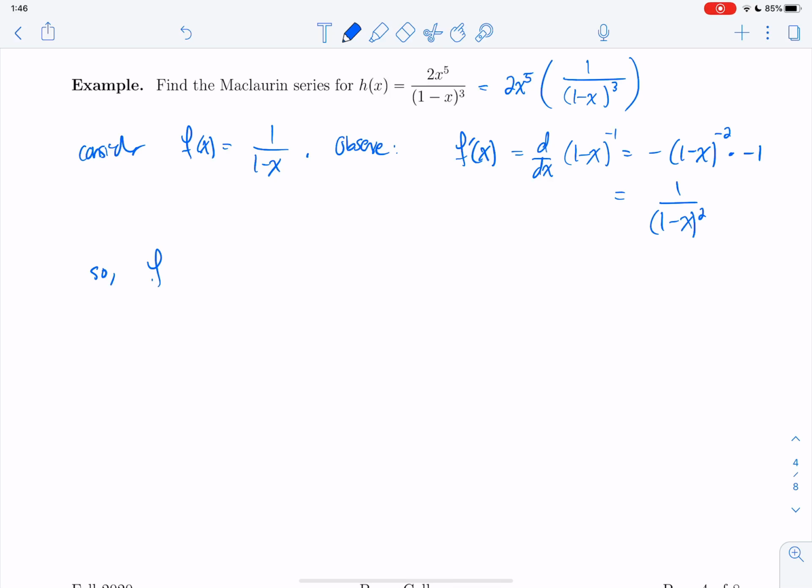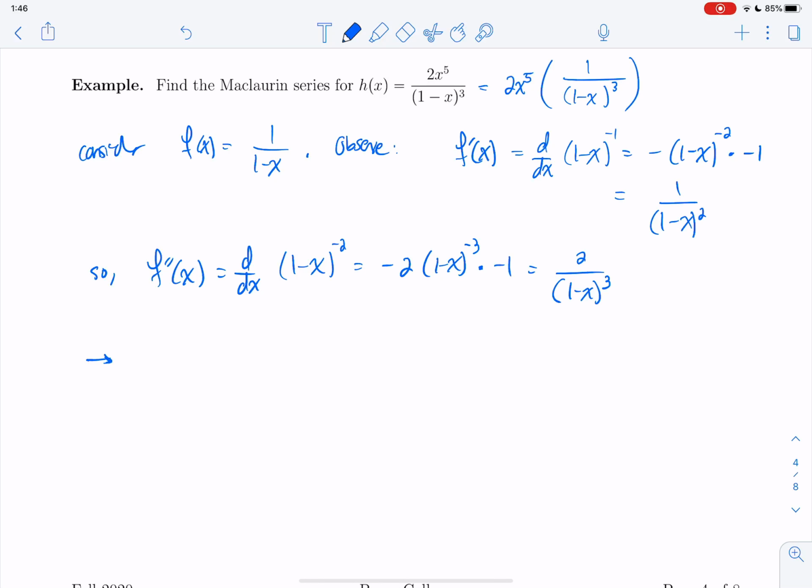So what that means is f double prime of x is going to be equal to the derivative of 1 over 1 minus x squared. We'll flip it all upstairs, 1 minus x to the negative 2, which is going to give me negative 2 times 1 minus x to the negative 3. Again, chain rule, this is going to be multiplied by negative 1, so that's going to give me positive 2 over 1 minus x cubed.